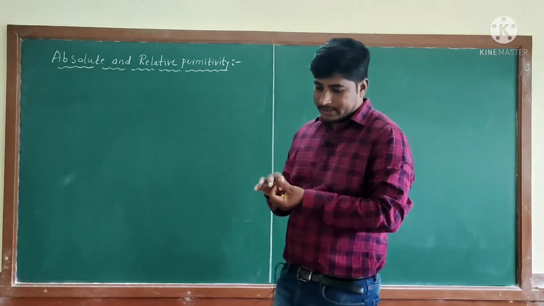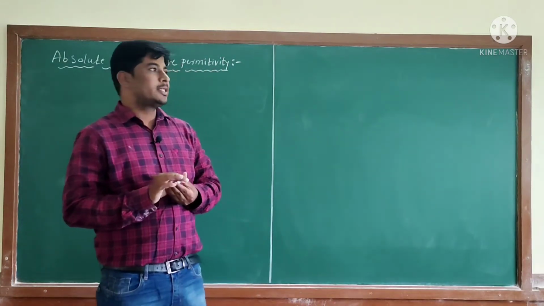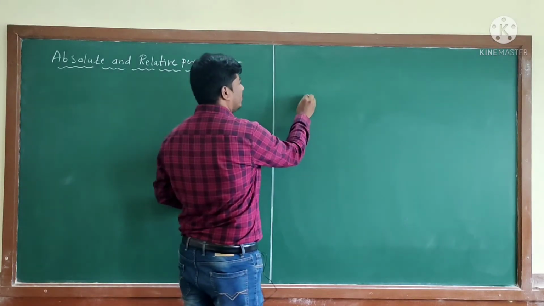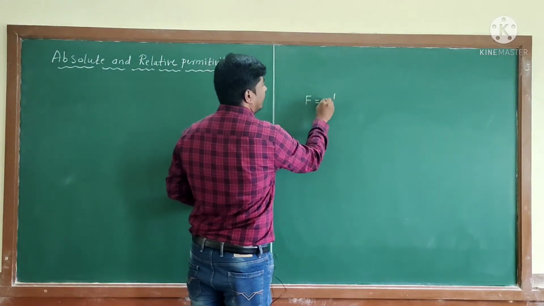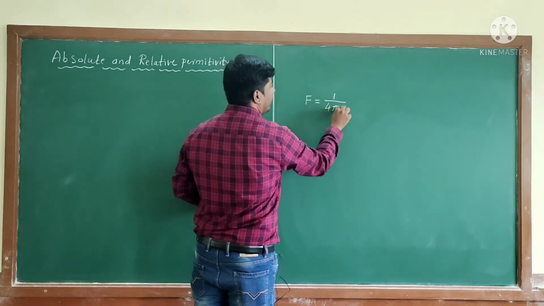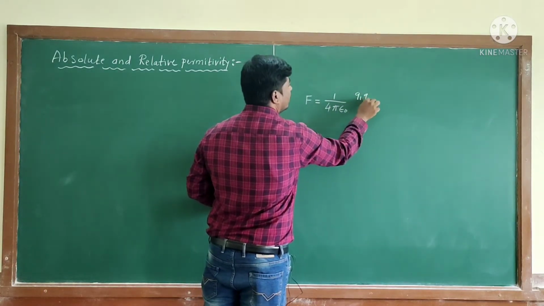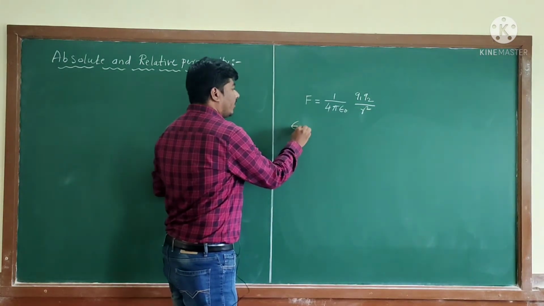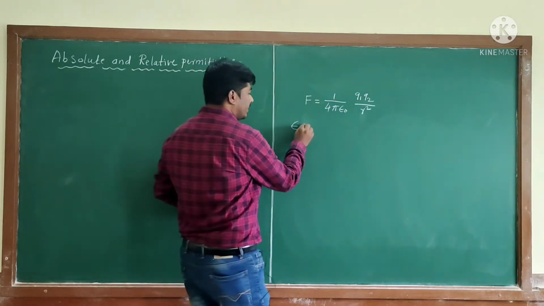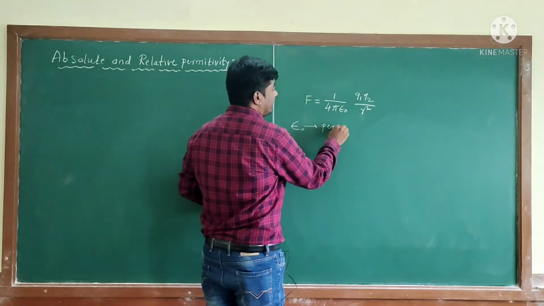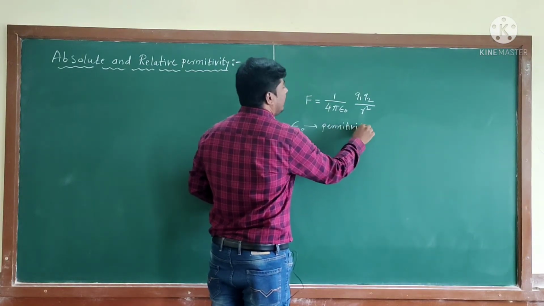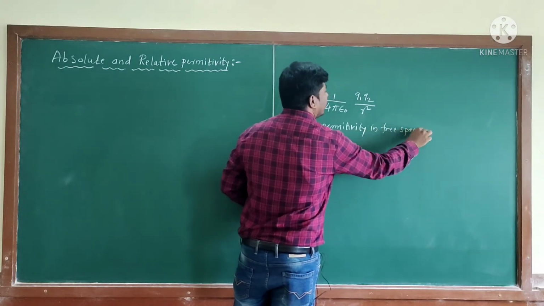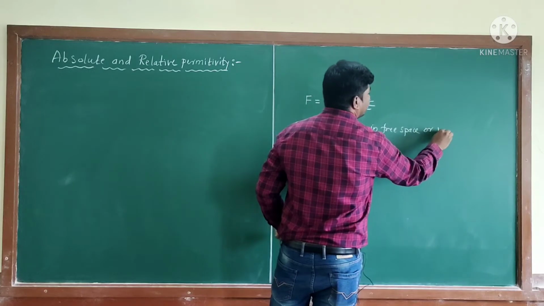We know that the force between two charges separated by some distance in free space or vacuum is given by the expression 1 divided by 4 pi epsilon naught q1 q2 divided by r square, where we call this epsilon naught the permittivity in free space or vacuum.